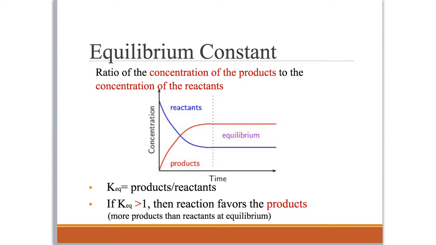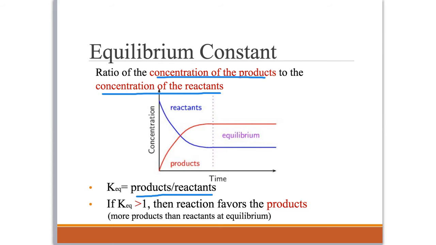So, of course, there's some math involved in this, and we can create something called the equilibrium constant, which is the ratio, or a fraction, that puts the concentration of the products as compared to the concentration of the reactants. So the products would be written over the reactants. So here's my fraction with just a little slash to indicate the fraction bar.